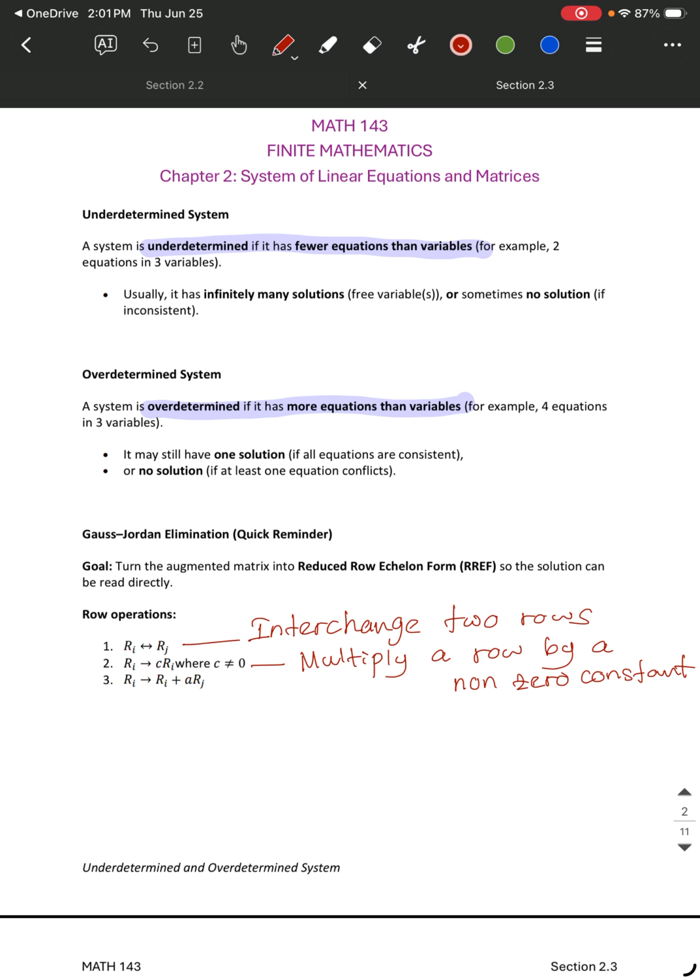And replace one row by itself plus a multiple of another row.